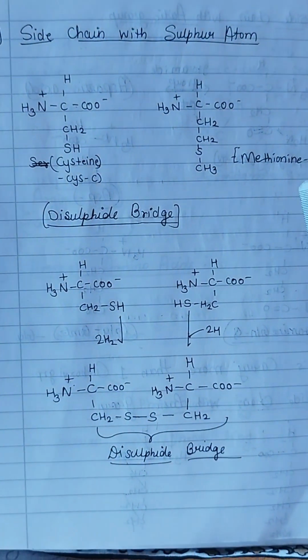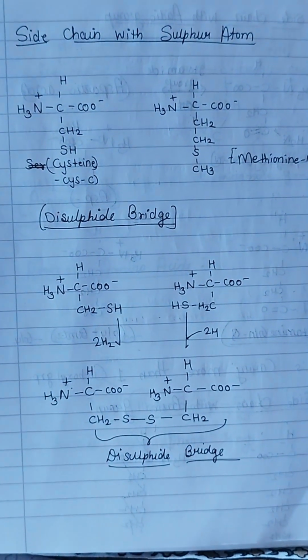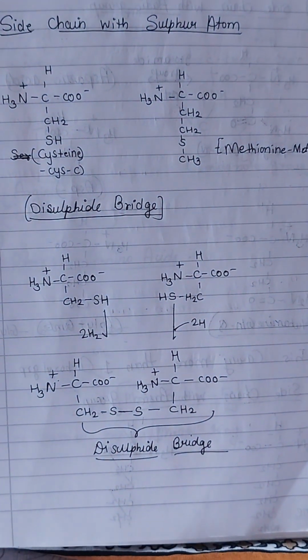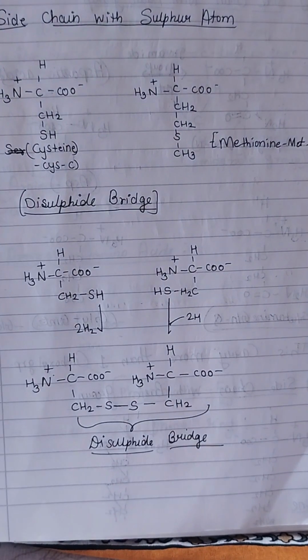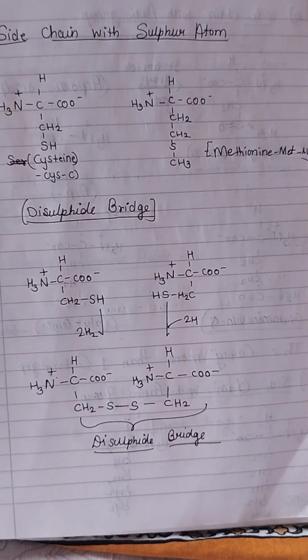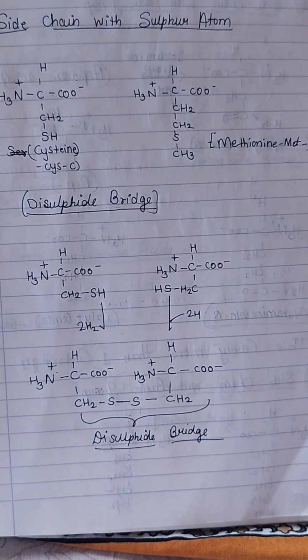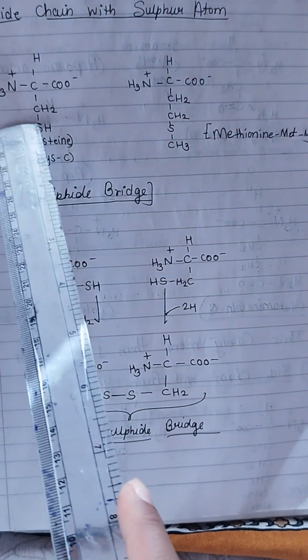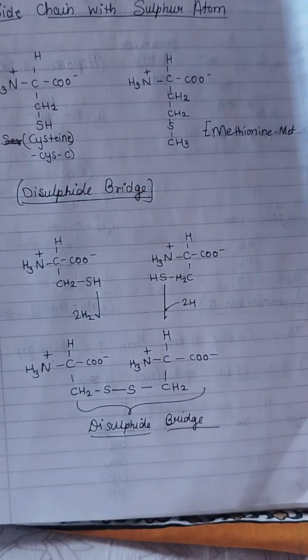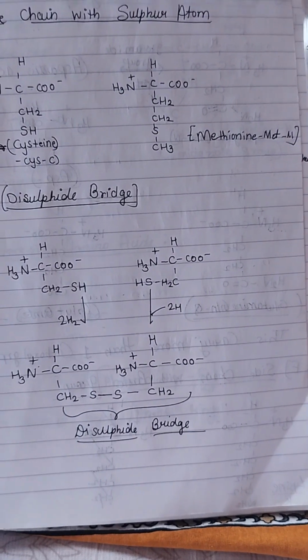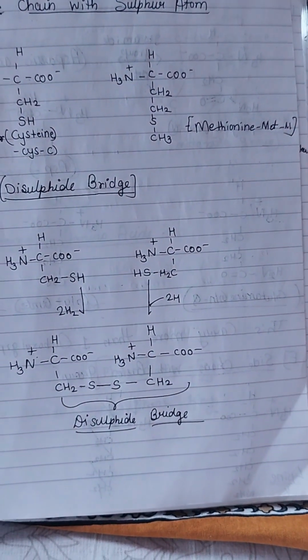Side chain with sulfur atom: here you can see it contains cysteine and methionine. These are the structures of cysteine and methionine. Cysteine contains an SH group, the thiol group, which is acidic in nature, and so cysteine forms a disulfide bridge.